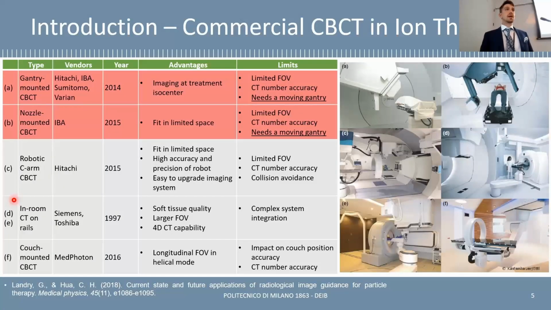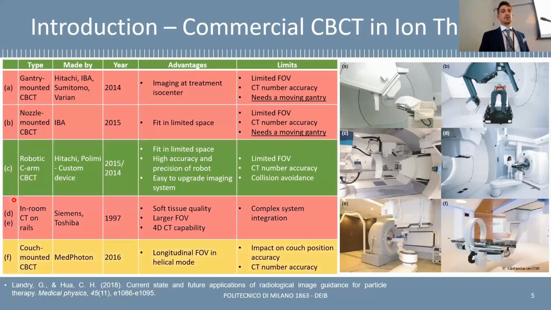The in-room CT on rail was not an option because the bunker was too small, with a large patient positioning couch. And the couch-mounted CBCT was an expensive solution that at the time was still in the first development stages. So CNAO decided to ask Politecnico di Milano to develop a custom robotic C-arm to be placed inside the bunker to acquire CBCT.